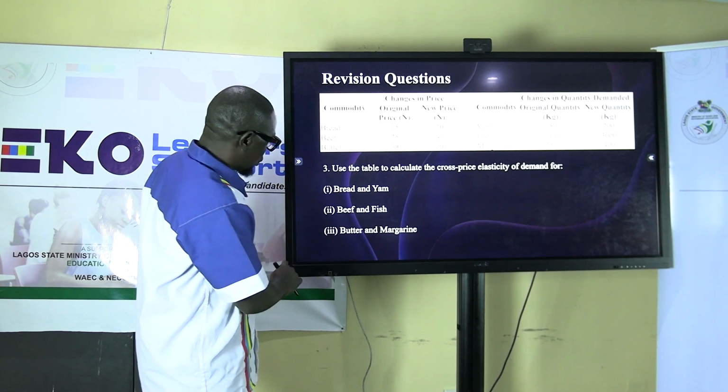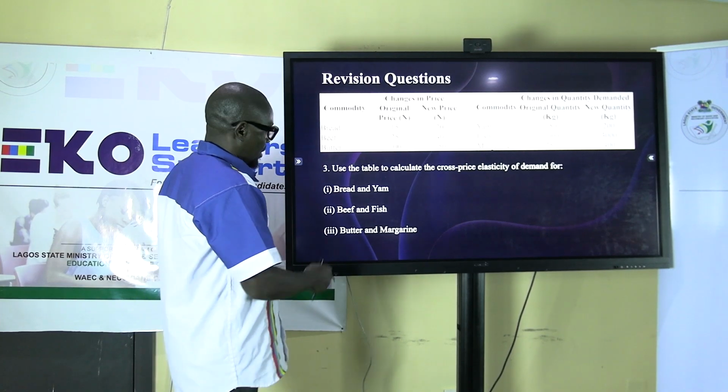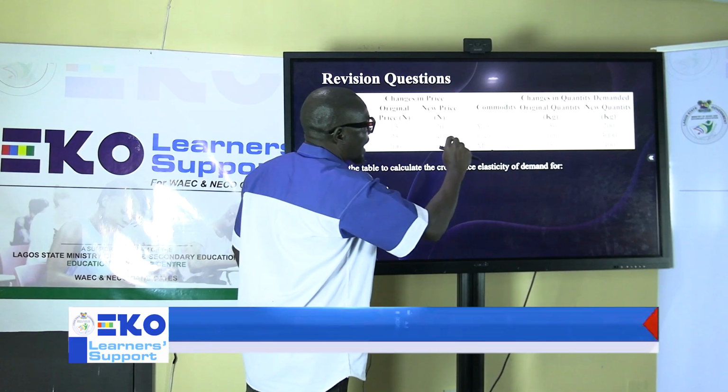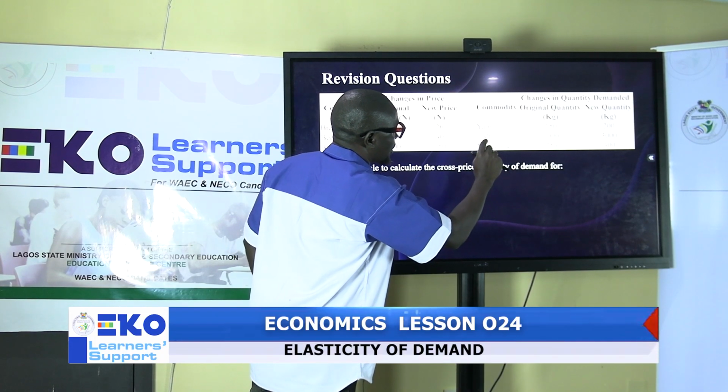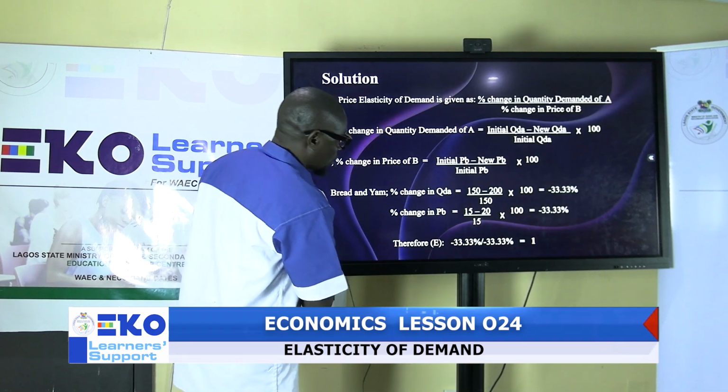Now, the second one is to do for beef and fish. We just go through the same process. The information we have for beef is the price from 25 to 40, and for fish, the quantity changed from 1,000 to 3,000.